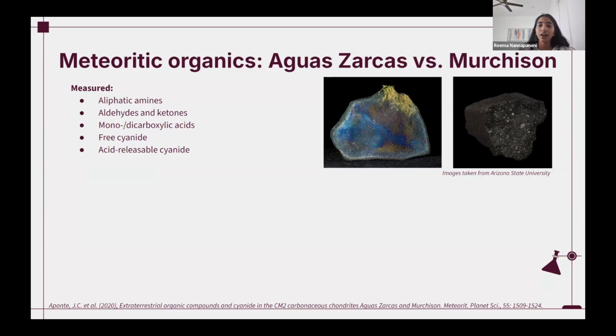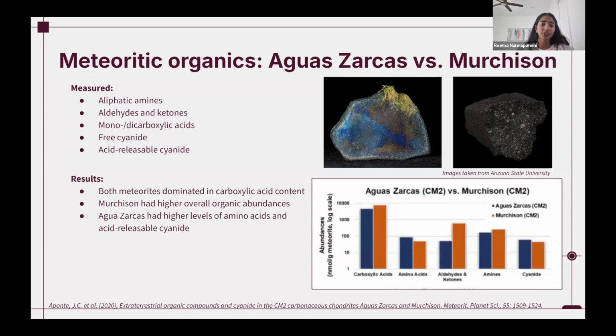Rather than focusing on specifically amino acids, this study measured the different concentrations of amines, aldehydes, carboxylic acids, and cyanide. This is important because these molecules have all been considered to be precursors for amino acid synthesis of meteoritic origin.